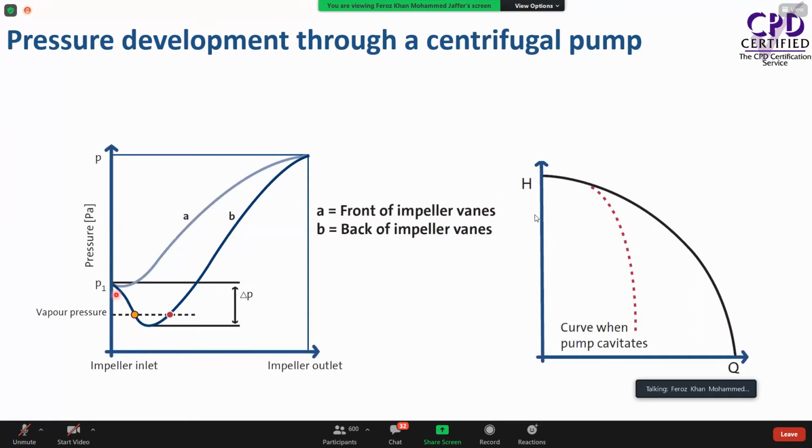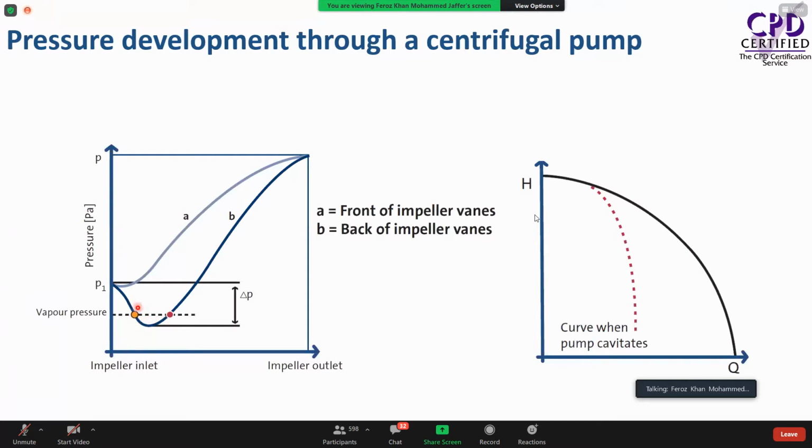When it happens, if the pressure drops below the vapor pressure of the liquid, as you can see here, the pressure will drop. Actually, it should go back from here. If it drops to the vapor pressure, the liquid will convert to vapor. Then air bubbles will be formed.